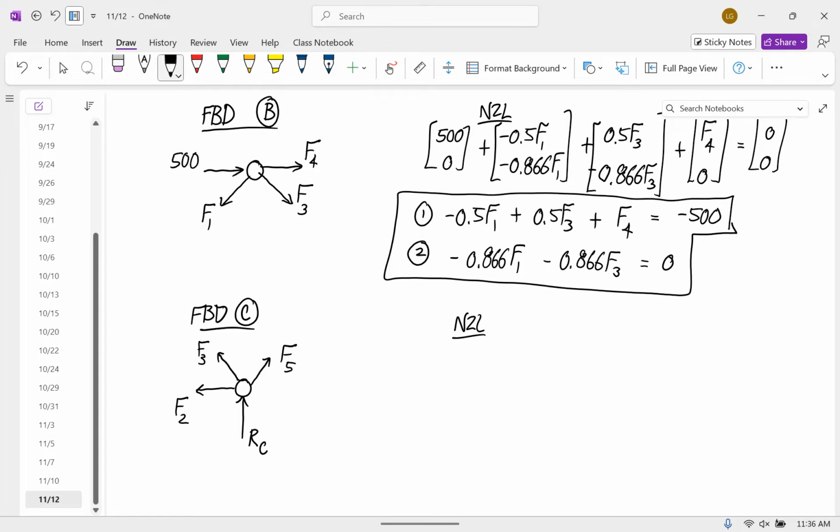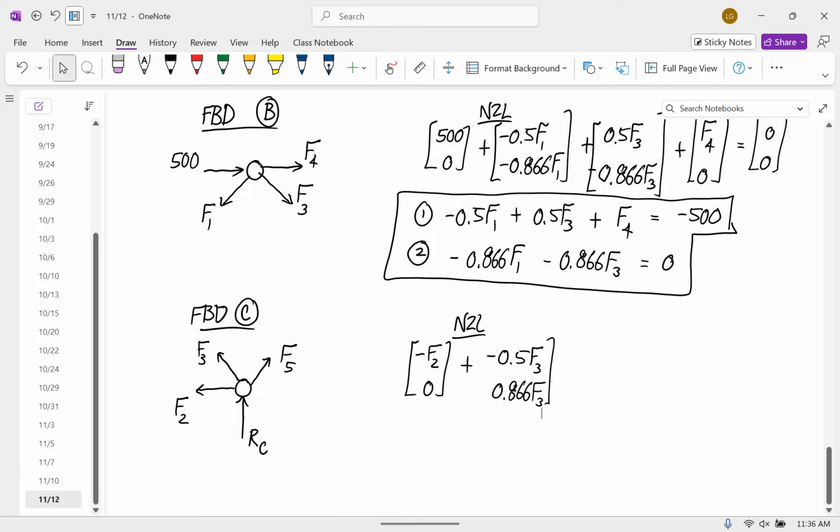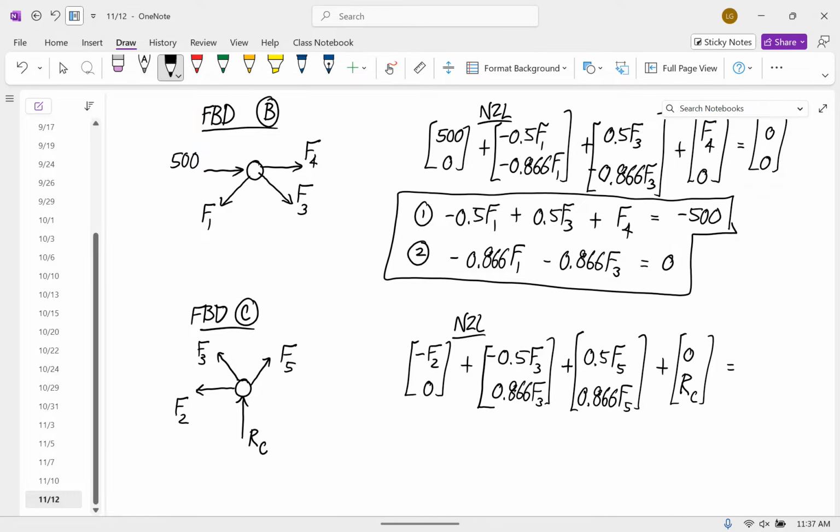So Newton's second law says negative F2, 0, plus negative 0.5 F3, positive 0.866 F3, plus positive 0.5 F5, positive 0.866 F5, plus 0 RC is equal to zeros.